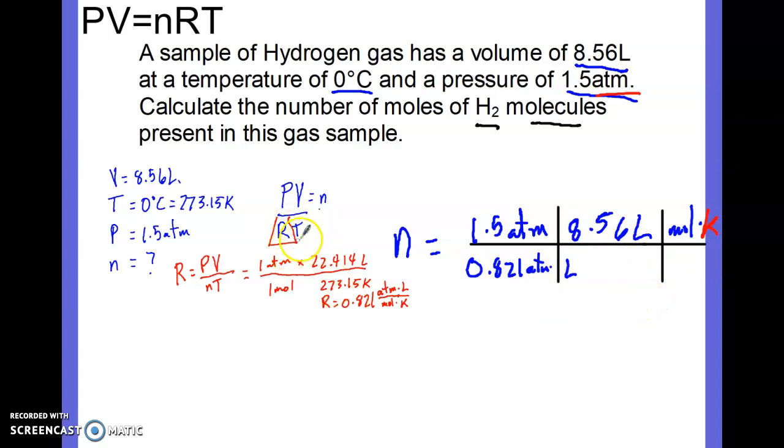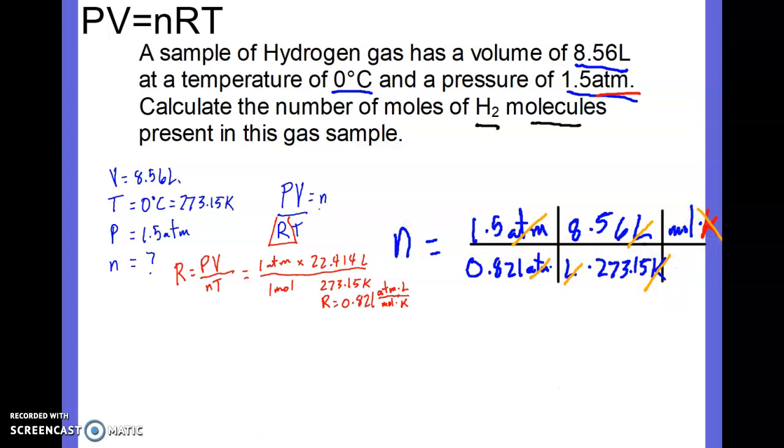And then divide by the temperature, which would be 273.15 Kelvin. Okay, so you can see some things canceling here. Atmospheres, atmospheres, liters, liters, Kelvin, Kelvin, go away. We're left with moles, which is what we want.